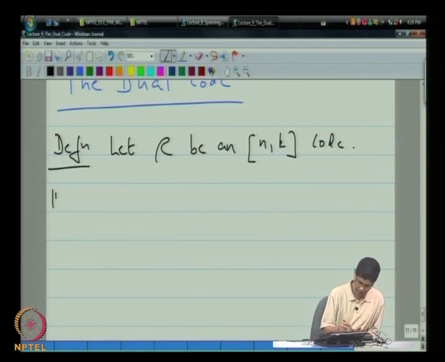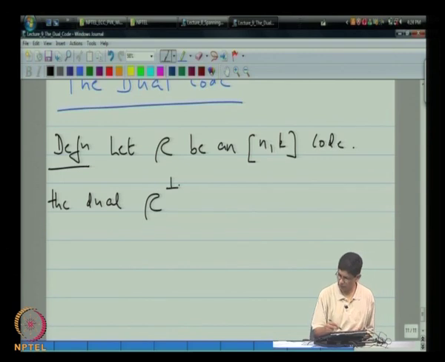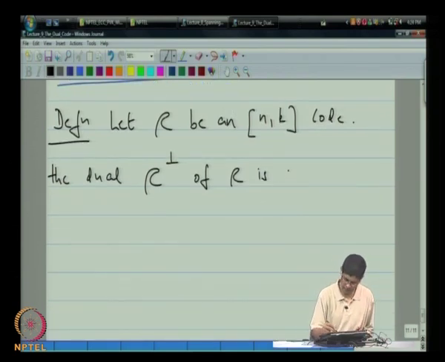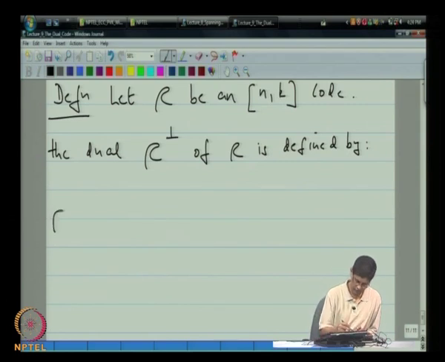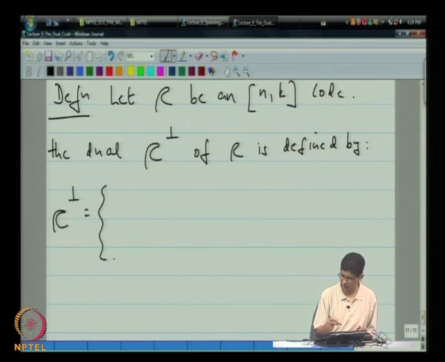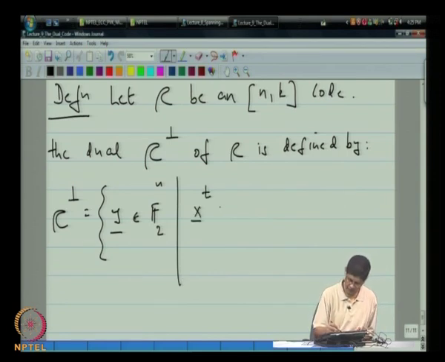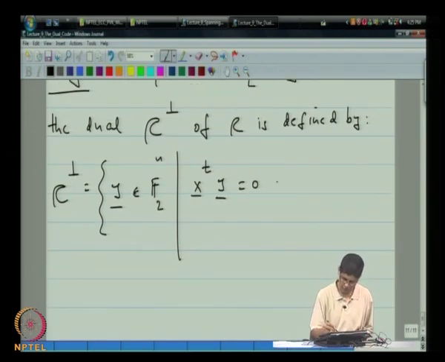The dual, C perp of C, is defined by C perp is equal to the set of all vectors y such that x transpose y is equal to 0 for all x in the code.